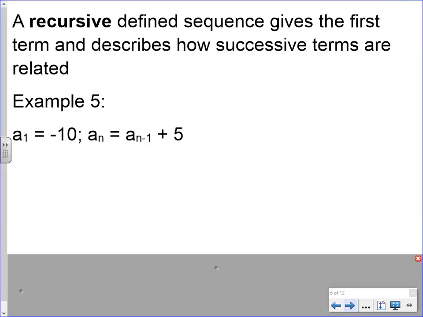And this is what it's going to look like. They're going to give you at least one term, and then the rule is going to be written based on a previous term. So go ahead and write it down, and we're going to talk through it.